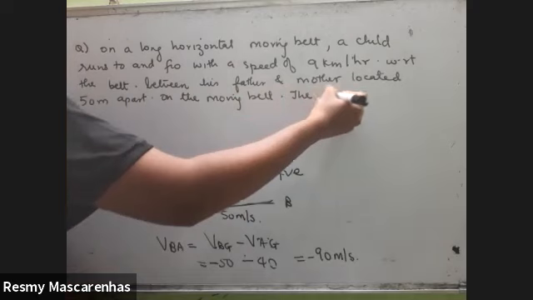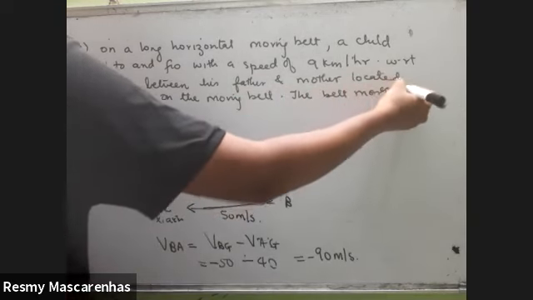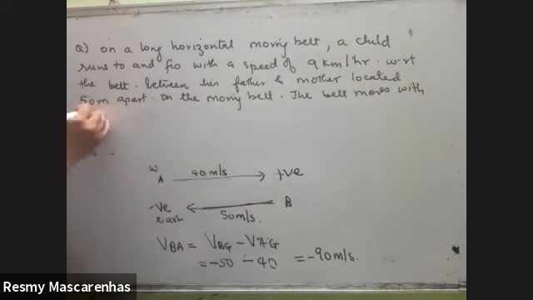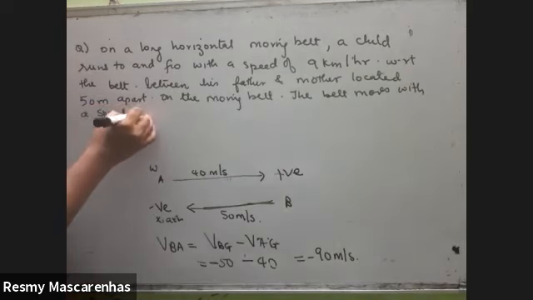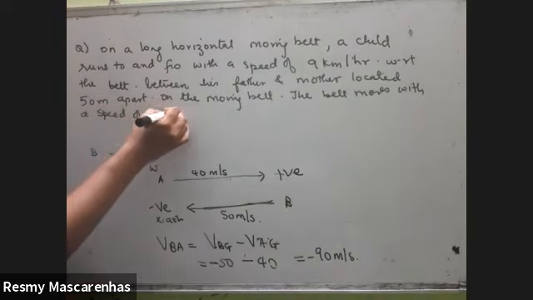The belt moves with a speed of 3 kilometers per hour.